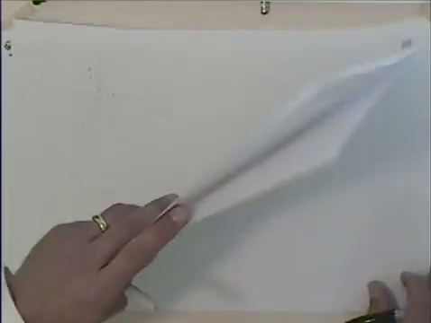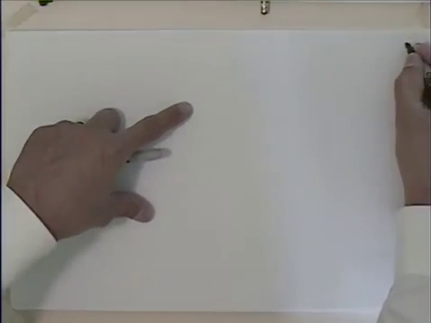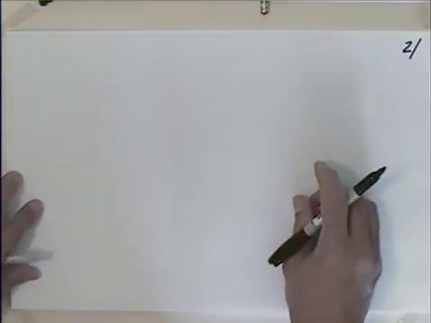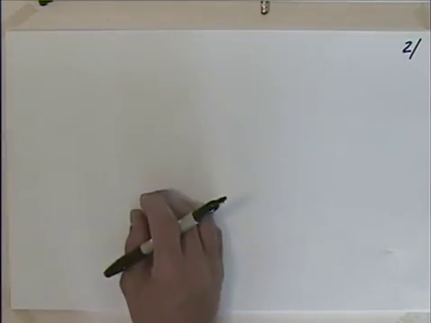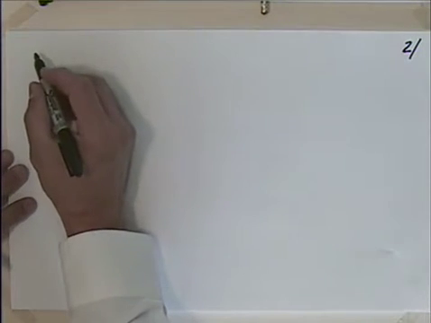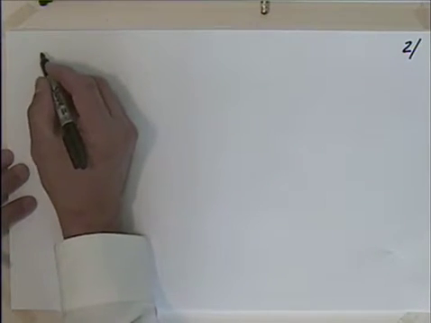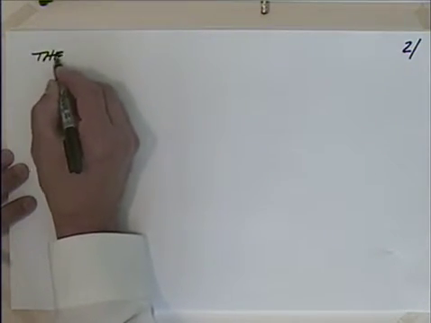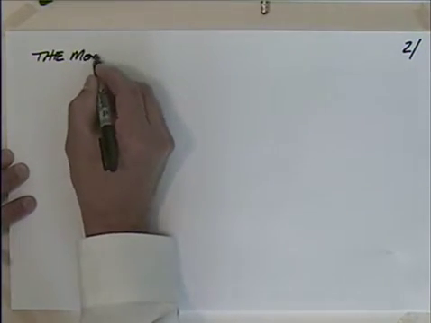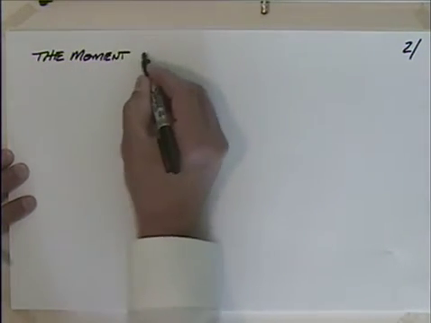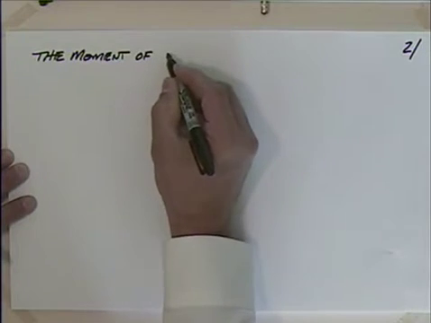The next thing I should probably take a little moment on is what if we want to find the moment about a particular axis? So we can talk about the moment about any axis.